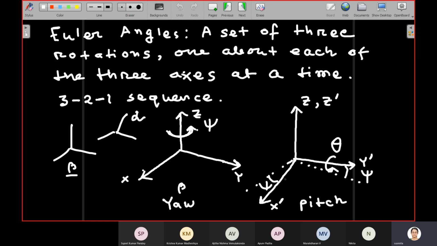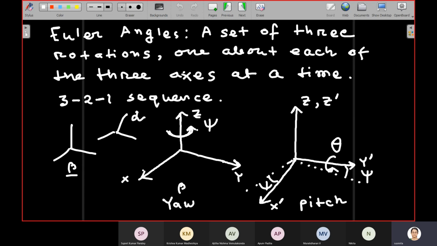You just apply 90 degrees rotation, pitch rotation about the y prime axis. Then what will happen? The x axis after the rotation will become parallel to z prime axis or z axis, correct? That 90 degrees pitch rotation about the y prime axis will make the x prime axis parallel to z or z prime, right? Similarly, the new z axis after the rotation will become parallel to x, correct?